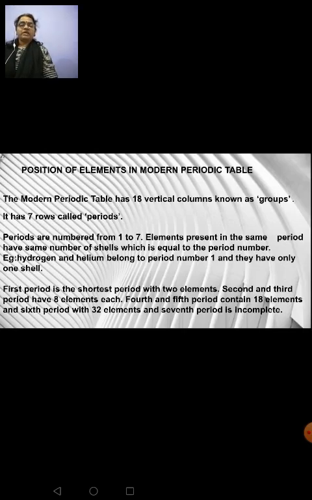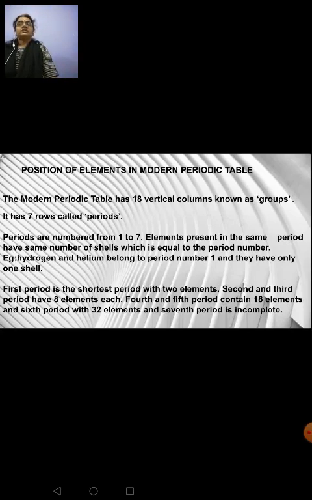Now, the elements in period 2, lithium, beryllium, boron, carbon, nitrogen, oxygen, etc., will have 2 shells around them. Elements under period 3 will have 3 shells around them. Whatever the period number, that many shells will be found around the elements belonging to that particular period.